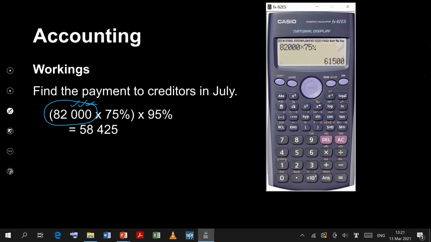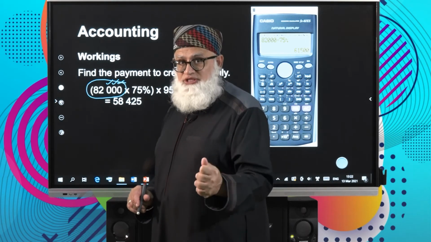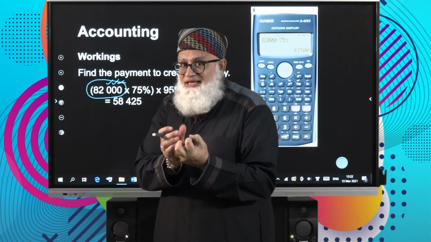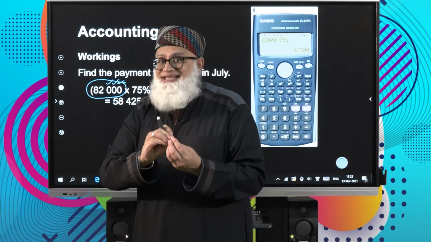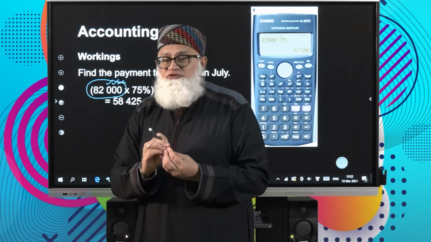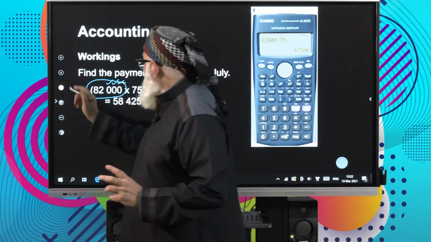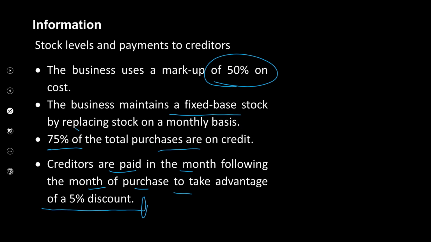Why 75%? Obviously, that figure is the credit purchases. You see, you got your cost of sales, now you split it up into cash and credit. So you wanted the credit component of the payment. That means, again, remember, look at the provisos. 75% of the total purchases are on credit. It's your credit purchases that will give you your payment to your creditors.